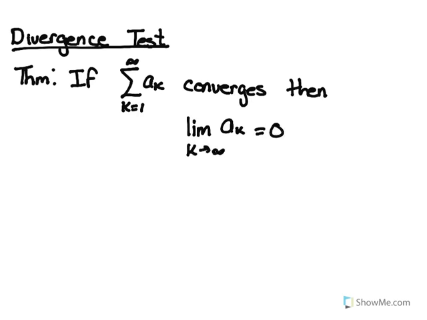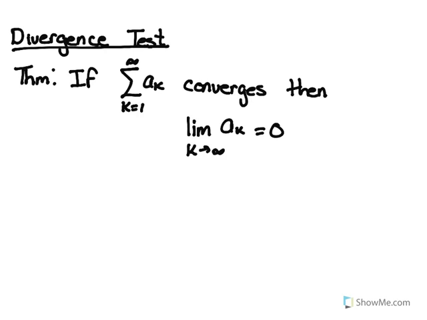Intuitively, this makes sense because if the term a_k is not going to 0, that means the series is an infinite sum of numbers which are, for lack of a better term, not infinitely small, which means the sum will be infinity, or it'll oscillate or do something weird.